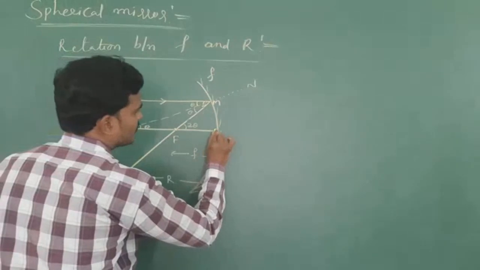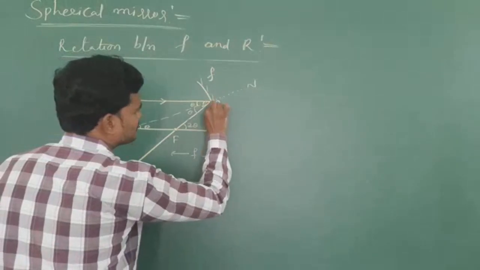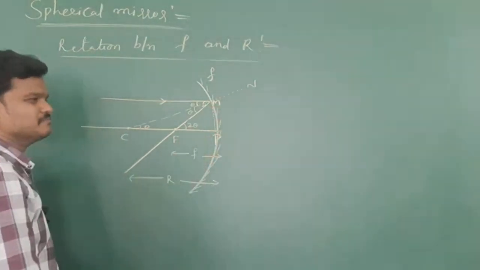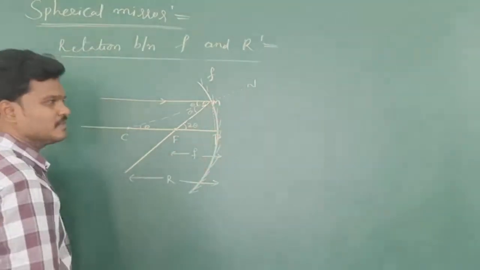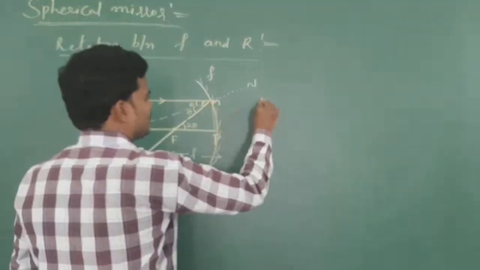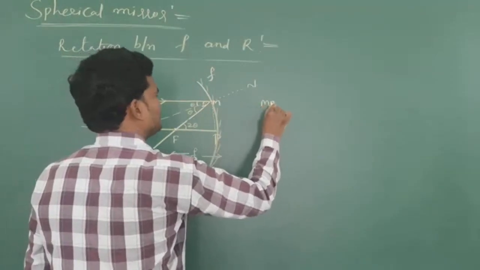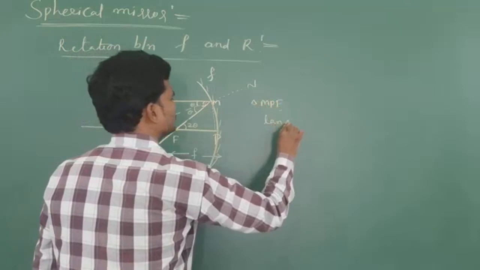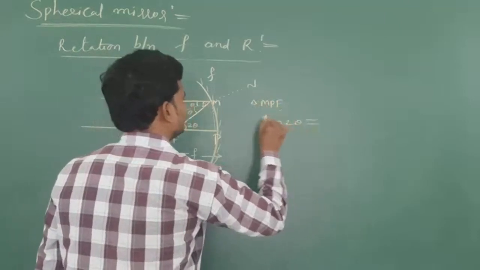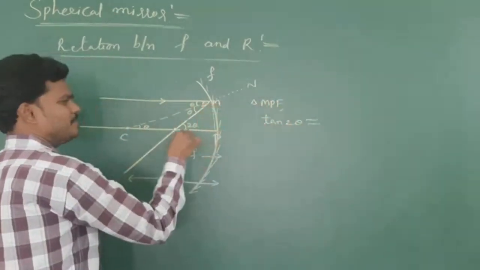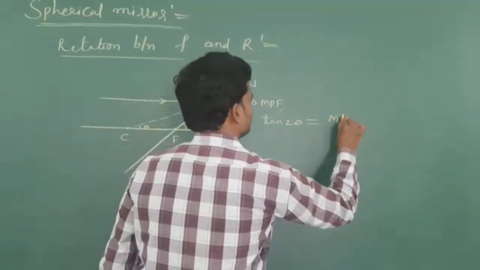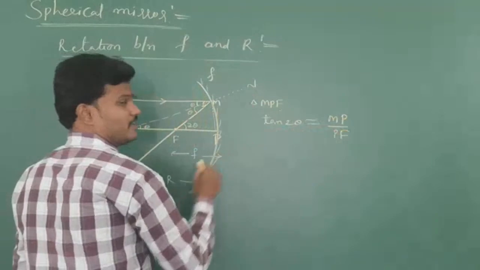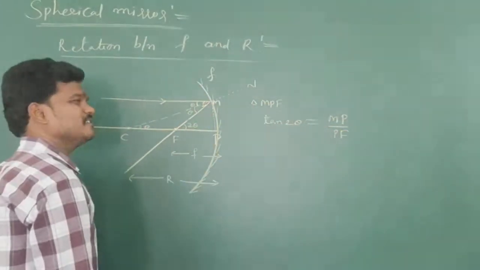So if I draw a normal, MP, actually I have to take PP dash, neglect this small thing, MP. From triangle MPF, tan 2 theta is approximately MP by PF. Angles are very small, less than 5 degrees.